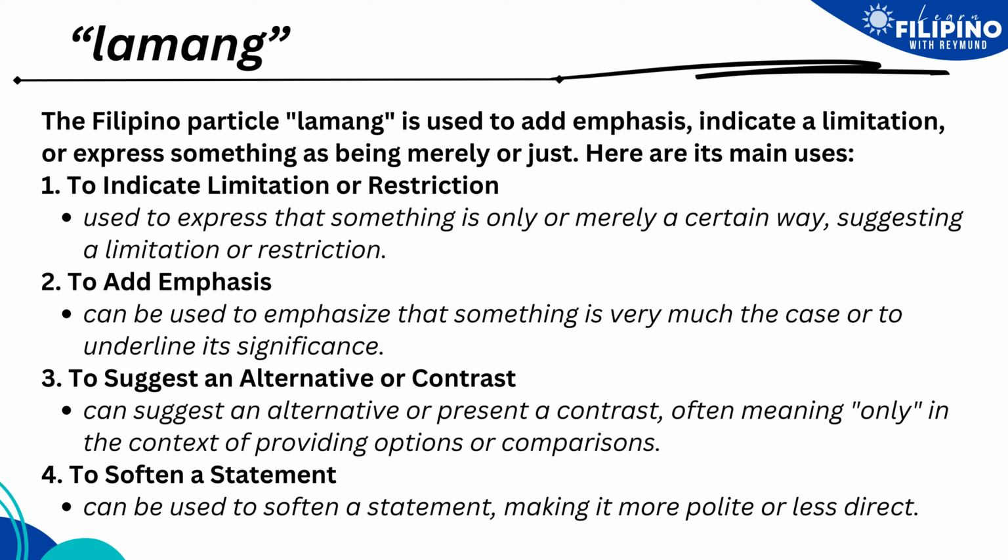The third use is to suggest an alternative or contrast, often meaning only in the context of providing options or comparisons. And the fourth definition is to soften a statement. It makes it more polite or less direct.